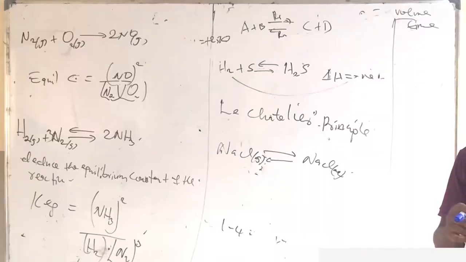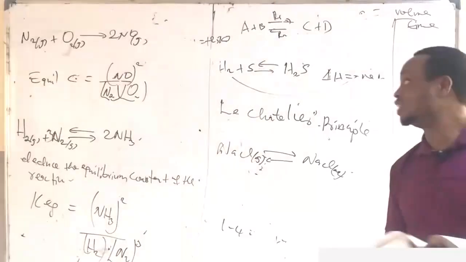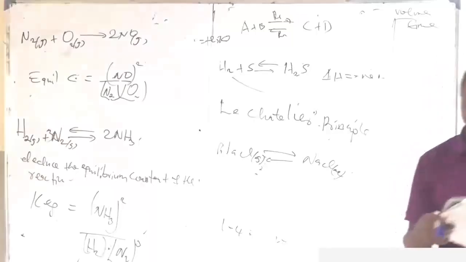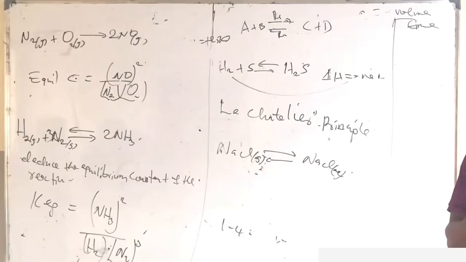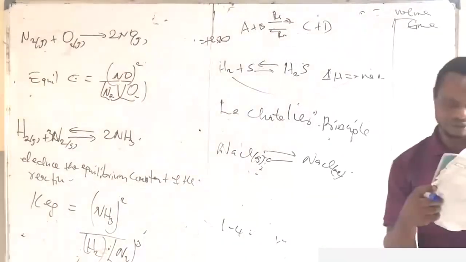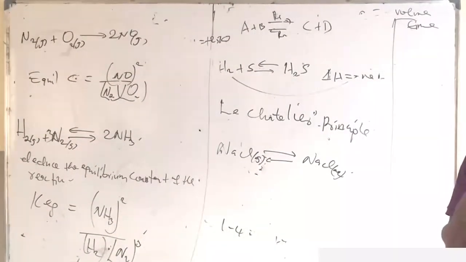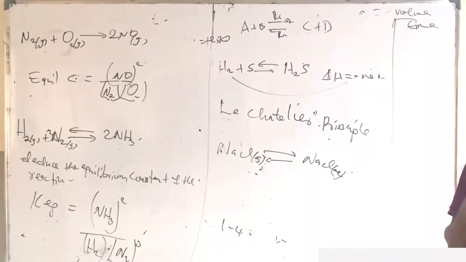Now, look at this question. Are you listening? Which of these equilibria is unaffected by a pressure change? Can I write it down, please? Which of these equilibria is unaffected by what? Pressure change. A, 2NaCl solid, arrow, 2Na solid plus Cl2.